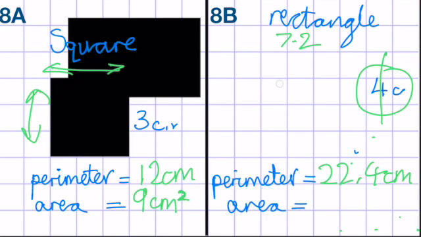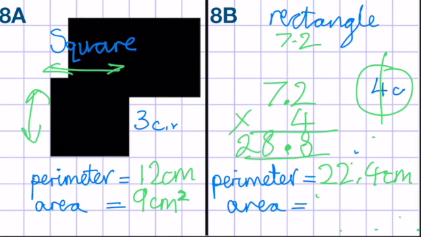So we put our 7.2 here, our 4. Remember, when we multiply, we don't have to line up like for like. So we do, but we do need a decimal place in the answer box. 2 times 4 is 8. And 7 times 4 is 28. So the area is 28.8 centimetres squared.